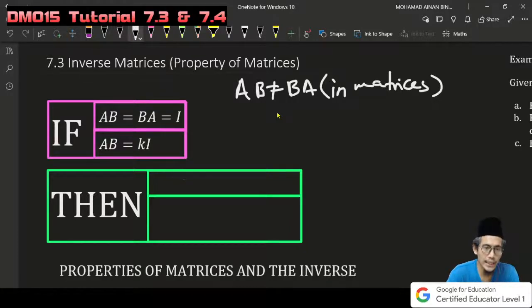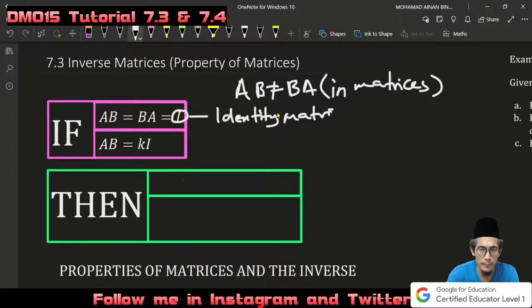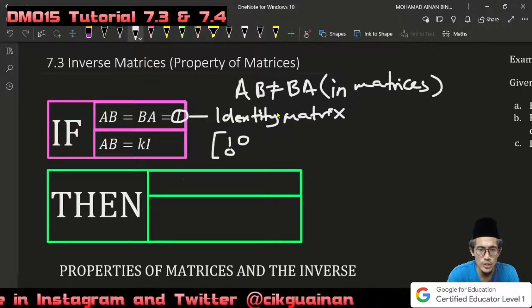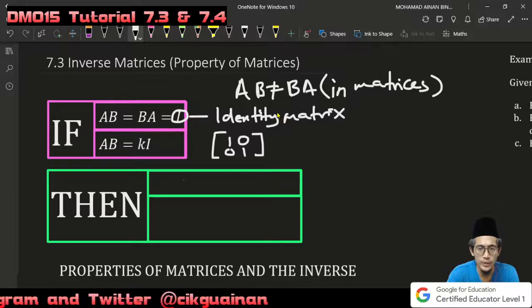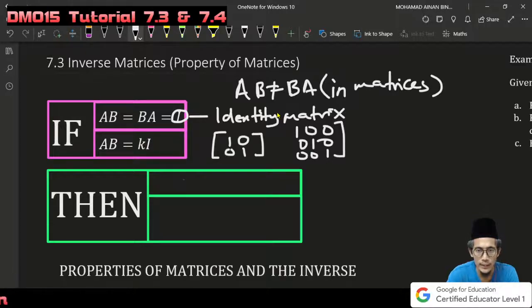Lagi satu, mungkin you multiply A, B, you get K, I. Now, what I is? I is identity matrix. Identity matrix maksudnya apa? Contohnya like this one, 1, 0, 0, 1. Or kalau dia 3 by 3, it's 1, 0, 0, 0, 1, 0, 0, 0, 1. This is example of identity matrix.